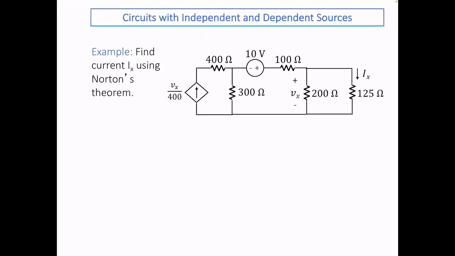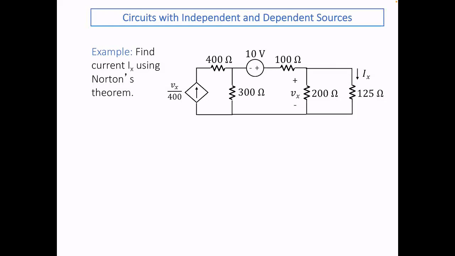So let's take an example. Okay. The problem is find the current IX using Norton's theorem. So ano yung first step dito? We want to find the current IX. We consider the 125 ohm resistor to be the load. So we take it out.